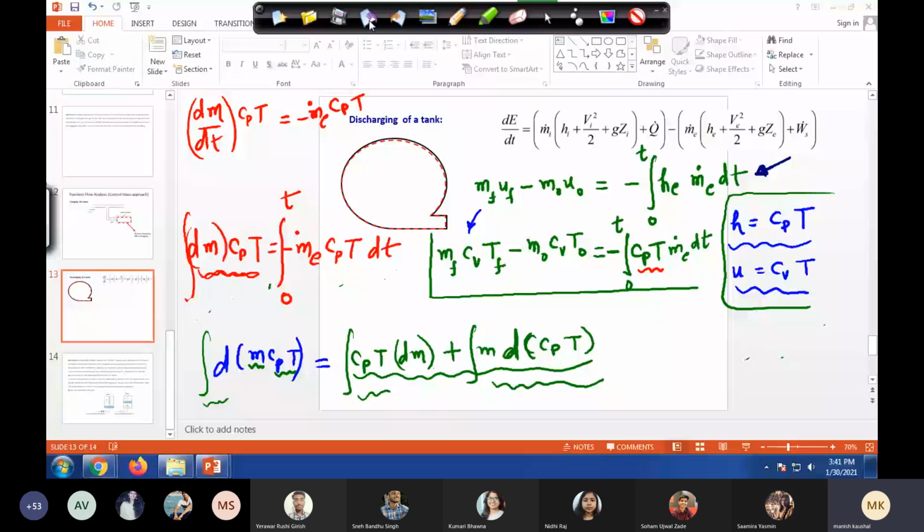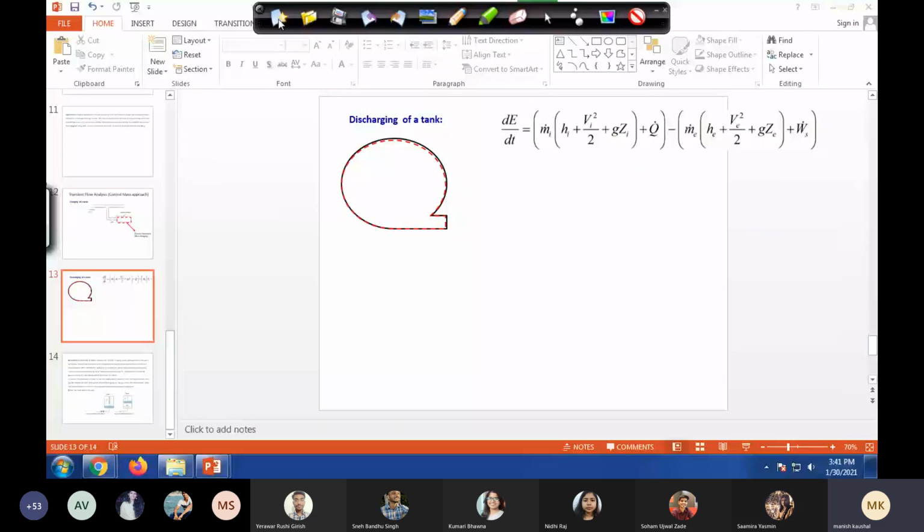Just in order to remove any confusion, the more general equation will be d of mu by dt equal to minus m dot e he.